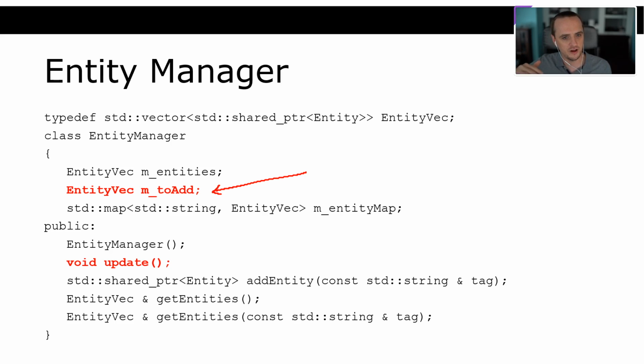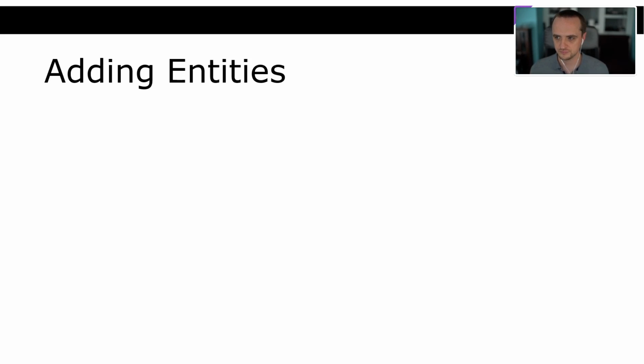So whenever we call entitymanager.add, it's not immediately adding it to the vector of all the entities. It's first going to this buffer vector. The second thing we need to add is that every frame, we're going to call update on the entity manager. So we need to periodically do updates on the entity manager in order to handle this data.